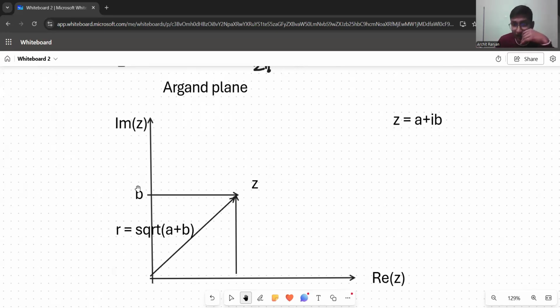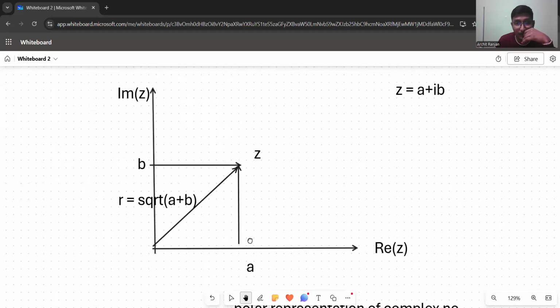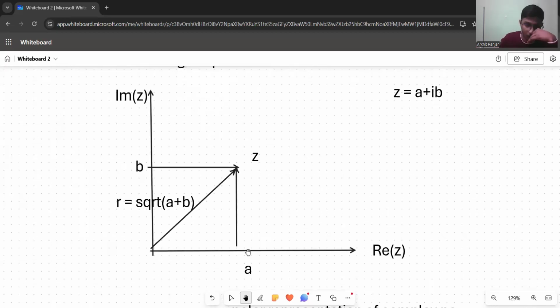So the imaginary part b, the real part a, and if you do some calculation, you will get the square root of a square plus b square from Pythagoras theorem, and this is basically r, if we consider z equal to a plus iota b.